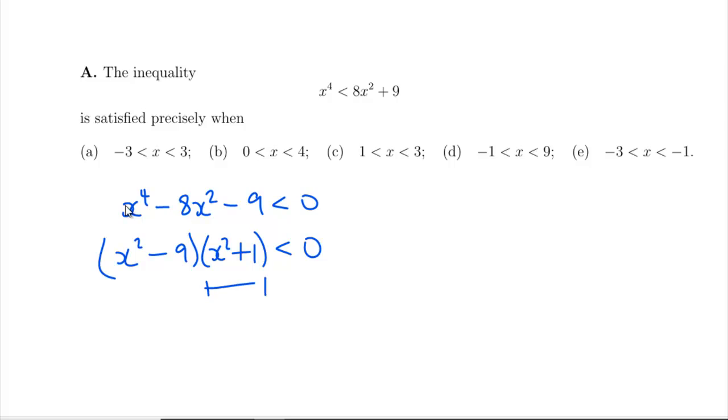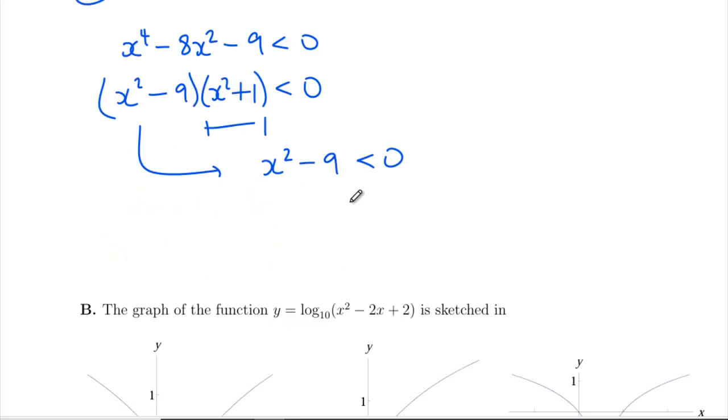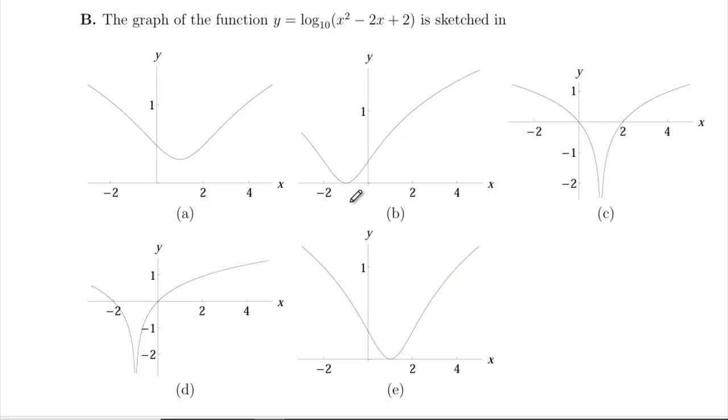That's always positive, so we need the other factor to be negative. So we need x squared minus 9 to be less than 0. So x is going to have to be between minus 3 and 3. Usual easy starter.